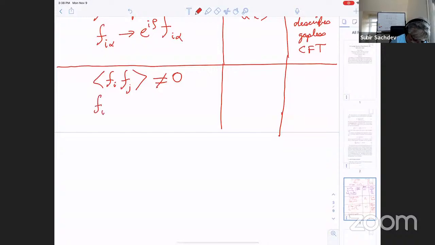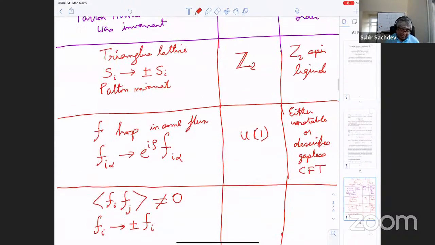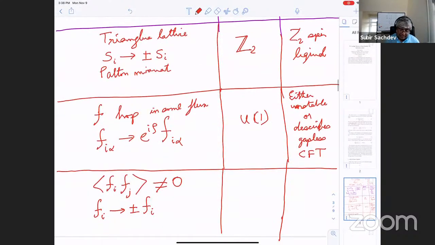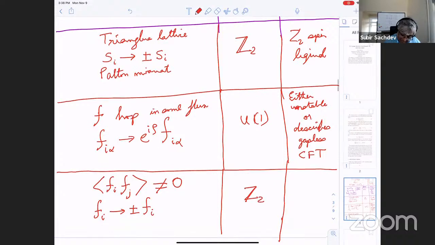This thing has a gauge invariance, which sends f_i to plus or minus 1 times f_i. In fact, it's almost exactly the same as the bosonic case. So now the gauge symmetry is Z2, and what you get is a Z2 spin liquid.